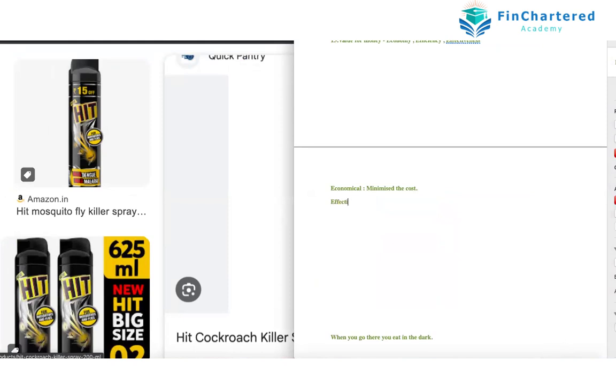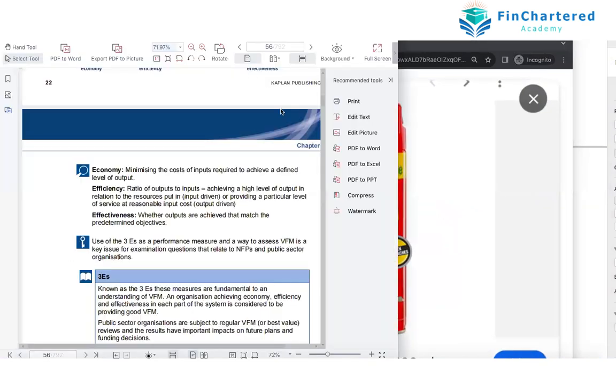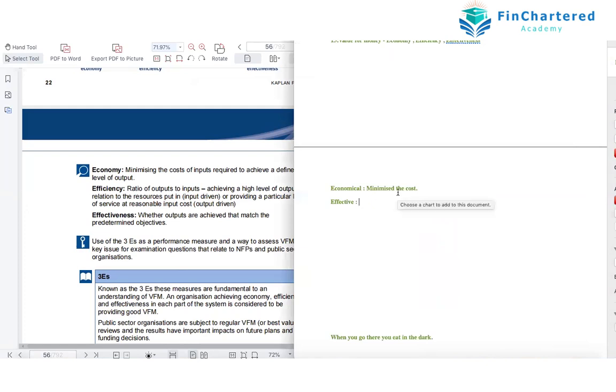So effective is basically when the objective has been met. The main objective, were we able to achieve the objective?